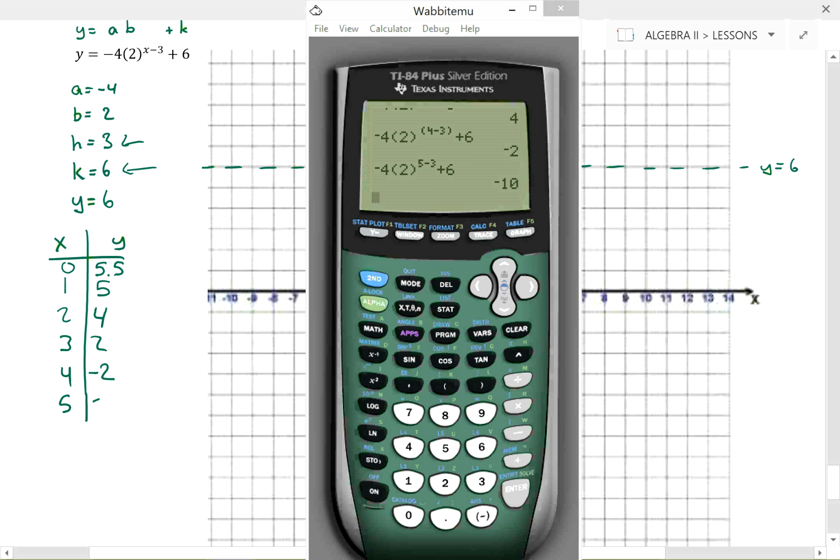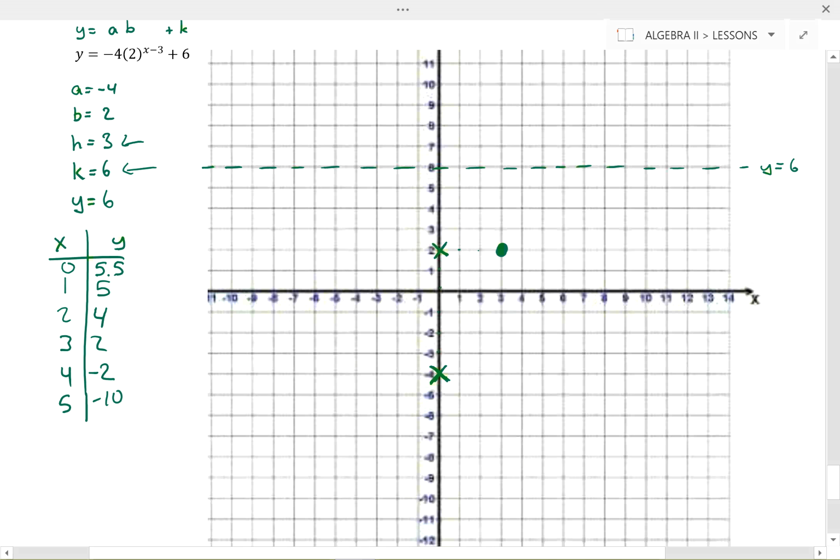I'm getting a negative 10. So with those values, let's plot them. (0, 5.5) is right here. I've got (1, 5), (2, 4), then (3, 2), then (4, -2), and (5, -10).